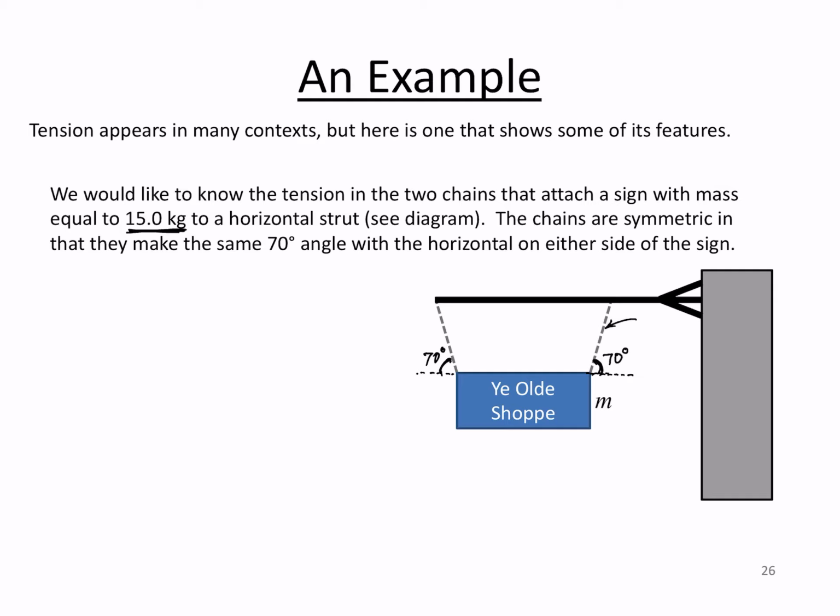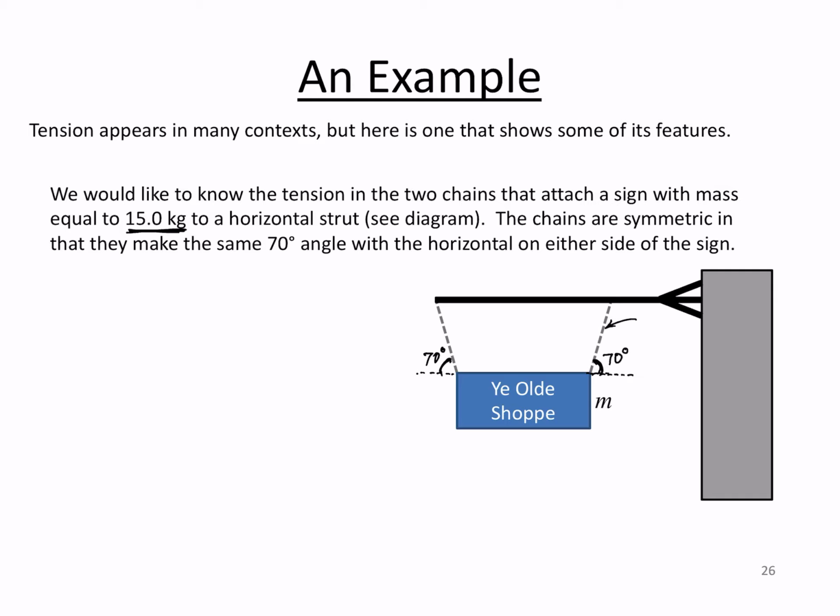All right. Now, the first step in any force problem, and we know that this is going to be a problem to do with forces because we're literally asking for a force in the statement of the problem, is to draw ourselves a force diagram.